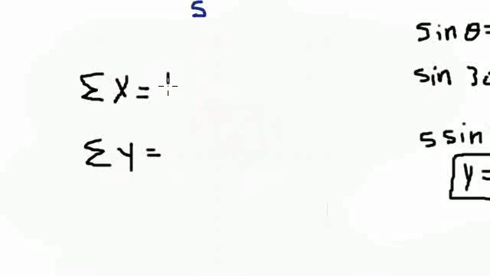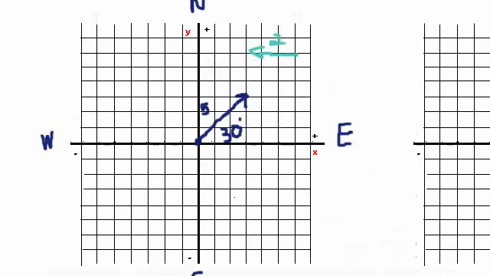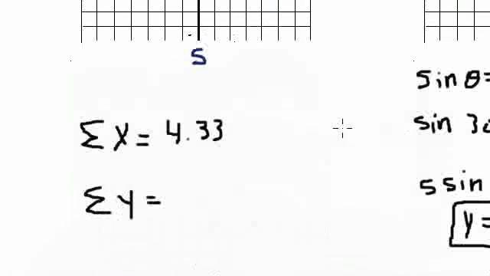I'm going to write that here, 4.33 meters per second going to the right. And then let's take a look at the wind. The wind is going 2 meters per second to the left. So instead of adding, we're going to subtract. We're going to say minus 2 meters per second. It's minus because it's going in the opposite direction.